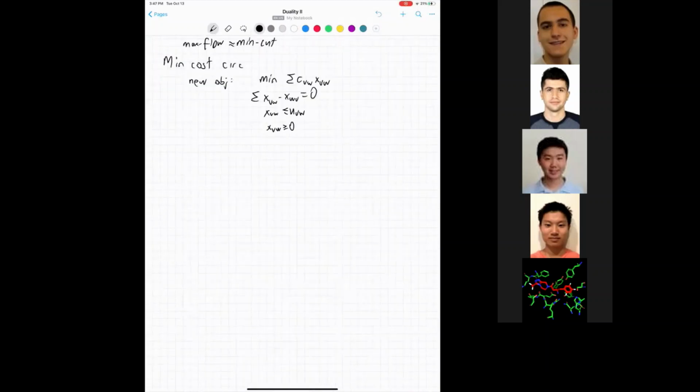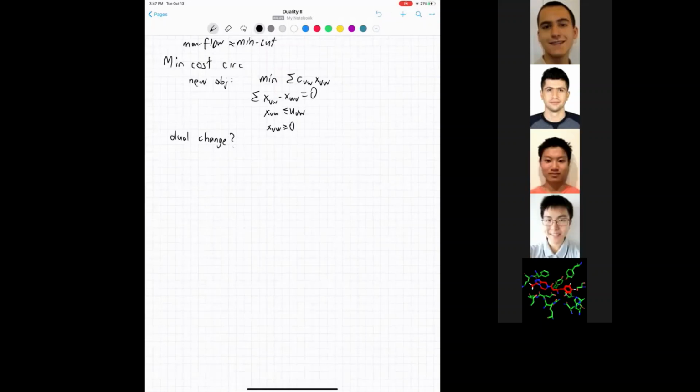So what happens to the dual? I changed the primal by just changing the objective function. What does that do to the dual? It changes the constraints? In what way? So it's something like YVW plus ZV minus ZW is at least CVW?